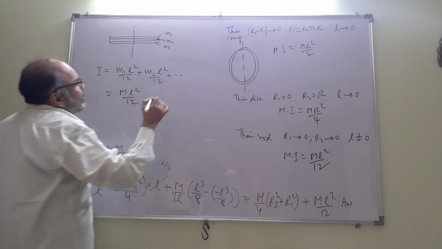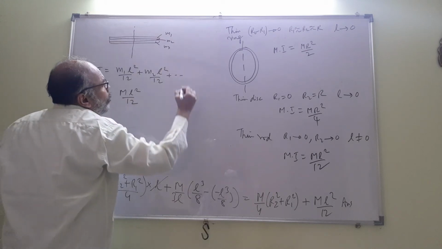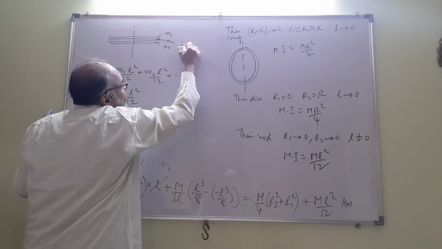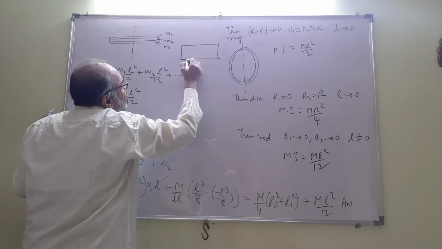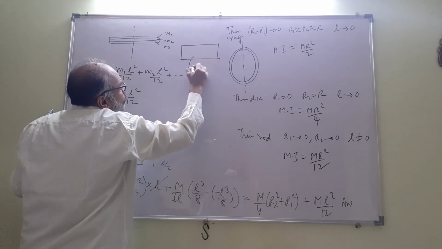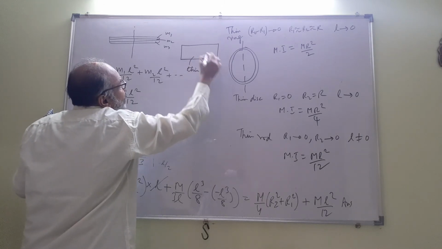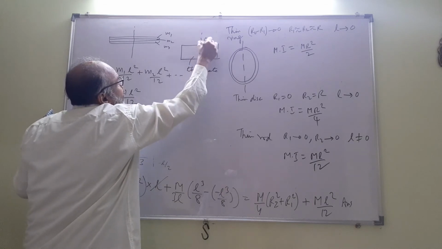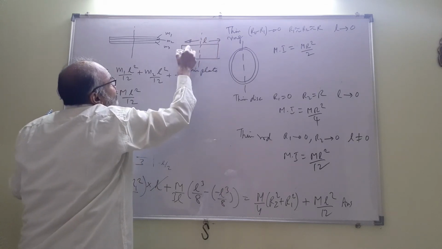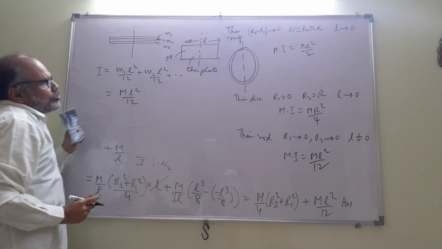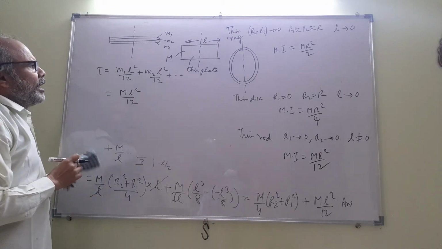So in fact, whether it is a thin rod or a thin plate of length L and mass m, the moment of inertia is going to be mL squared by 12.